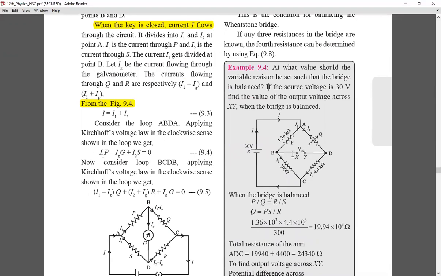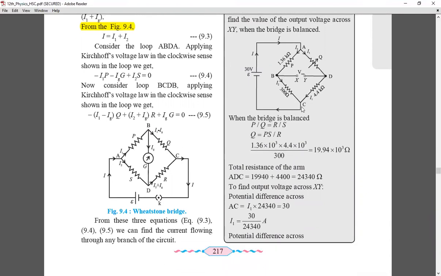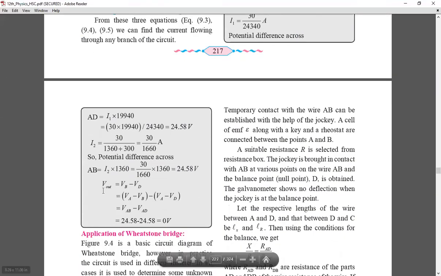Output voltage across XY means you have to determine the output voltage across B and D. Across XY there is the galvanometer. As the bridge is balanced, current will not flow across this path, so obviously the voltage difference will come as 0.